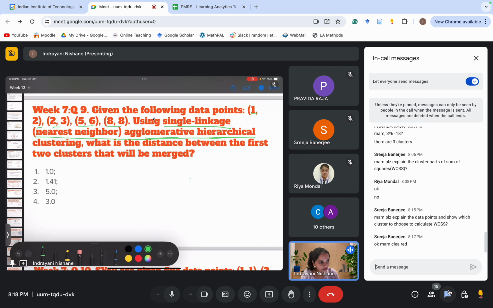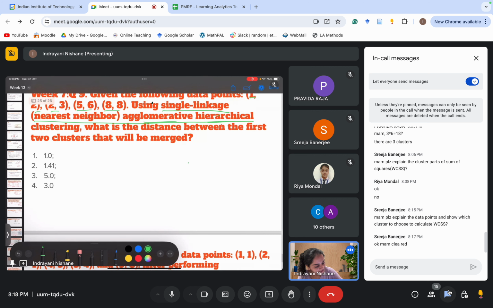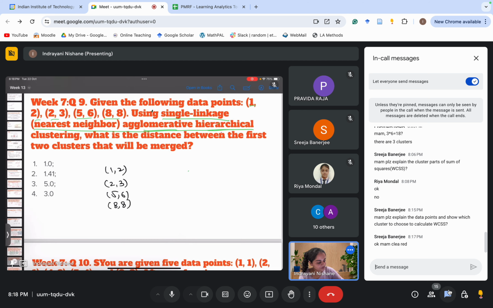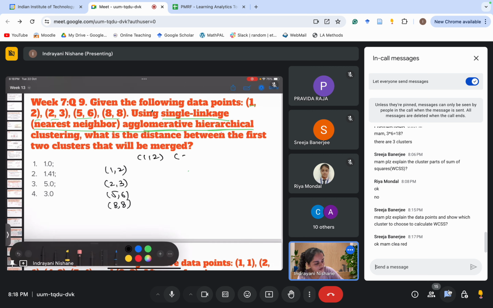So now for this, we will again make a distance table: 1, 2, 2, 3, 5, 8 and 8, 8. For this, the cluster centers are these points only, because it is agglomerative hierarchical clustering.